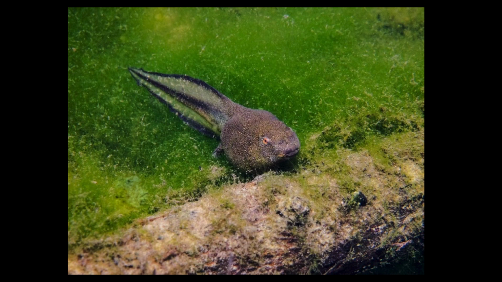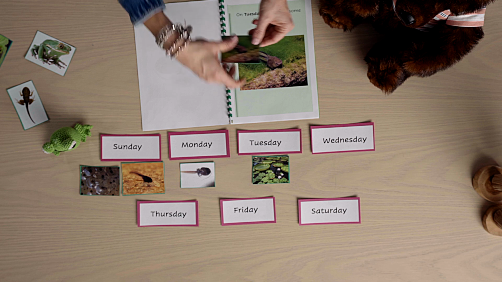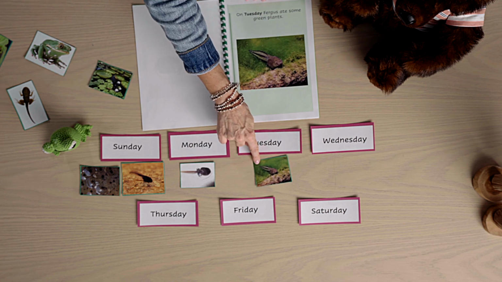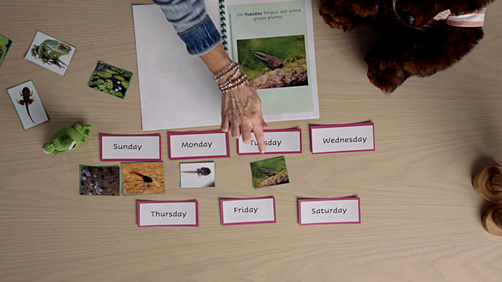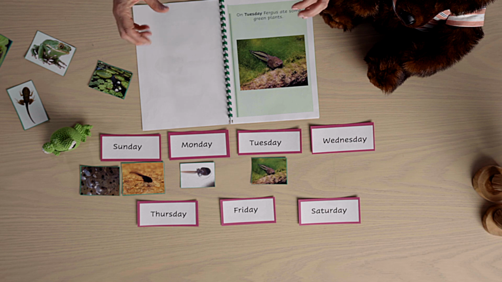He didn't go swimming under, he ate some green plants. Let's find the matching picture here. Take that one away. So on Tuesday, he had his little back legs. I think he was very hungry from all the growing that he was doing, and he ate some green plants.